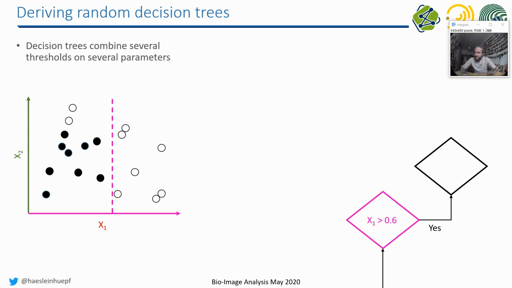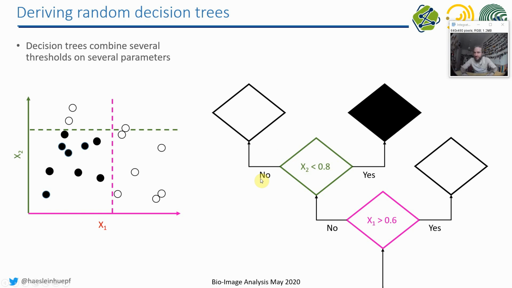So it's not like they are all black. There are black ones and there are white ones, and that's why I have to make another decision. So for example, if I say, if the intensity in the green channel is lower than 0.8, then they are black, and if not, the remaining ones are white. So this is how a decision tree with random samples out of my original image with ground truth is made.